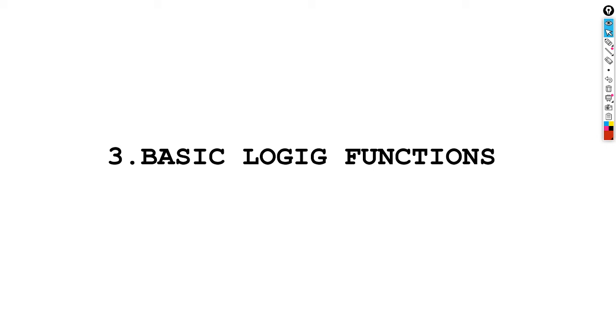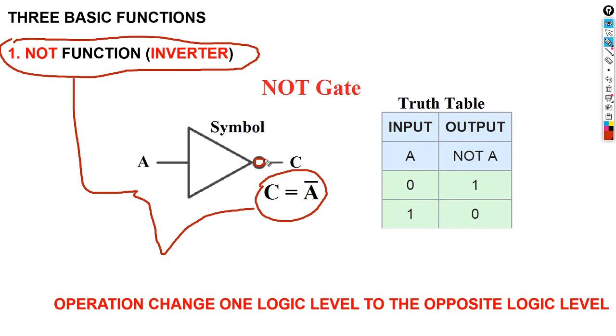It's the basic logic functions. So we have three basic logic functions. The first one is a NOT function. It's called an inverter. Why is it called an inverter? Because already from its symbol, this means we are doing inversion. Okay? So for instance, if I come with 0, which is a low state, I'm going to invert it to what?